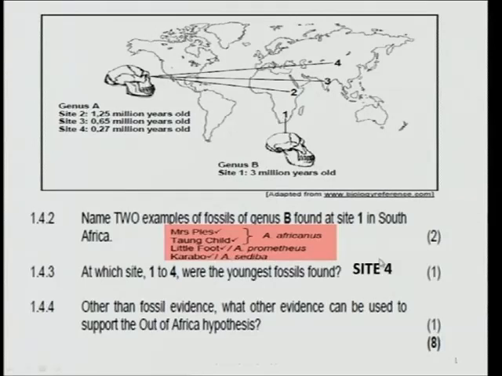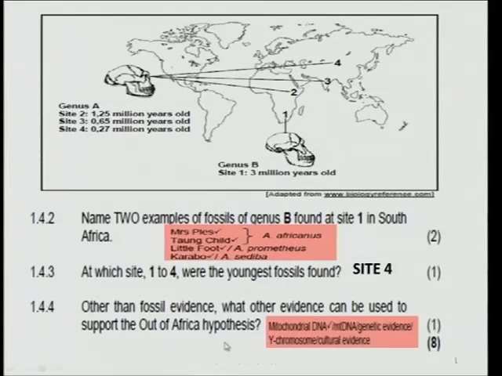Right, we are running through this because we have very little time left. So the youngest fossils are determined at 3 million years, which is much older than 1.25 million years. So it's easy to determine.